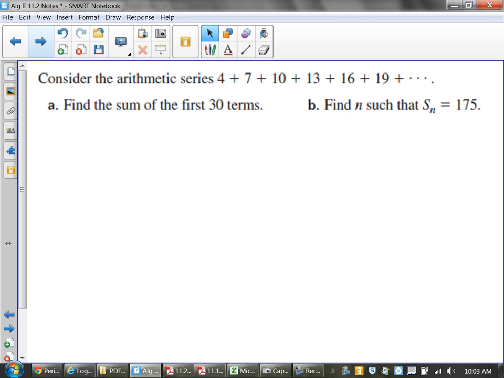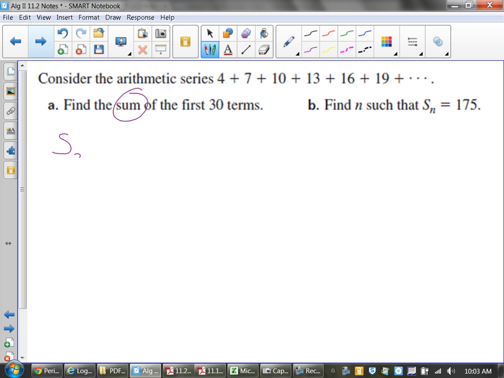What's the difference? 3. What's the first term? 4. Good. So if I want to find the sum of 30 of them, I know that the sum of 30 of them is going to equal n times the first term plus the nth term, over 2.